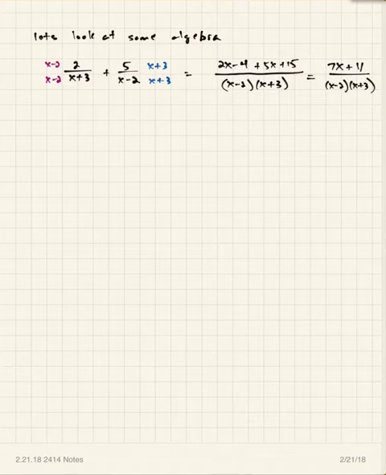And so we took that addition problem, changed everything to get a common denominator, combined the fractions using addition, and got a single rational expression at the end. Now, what I want you to think about is that 2 over x plus 3 plus 5 over x minus 2 is equal to 7x plus 11 over x minus 2 times x plus 3.